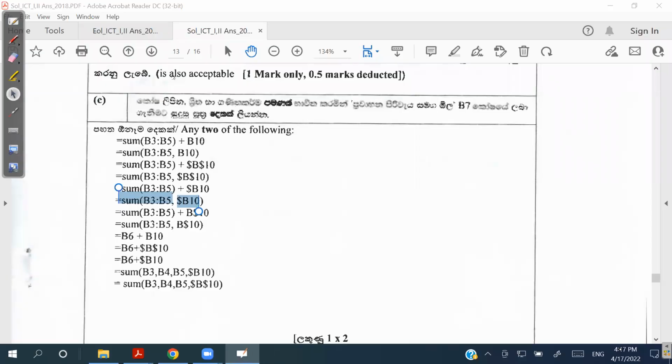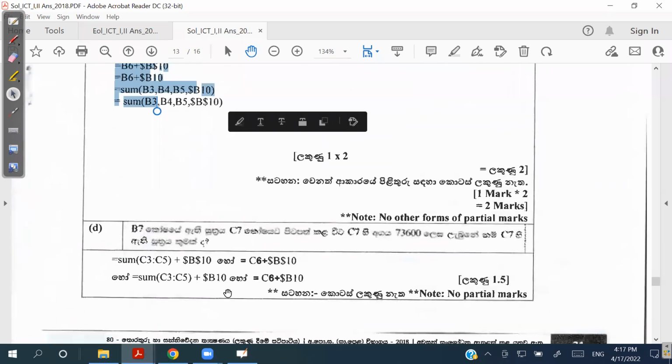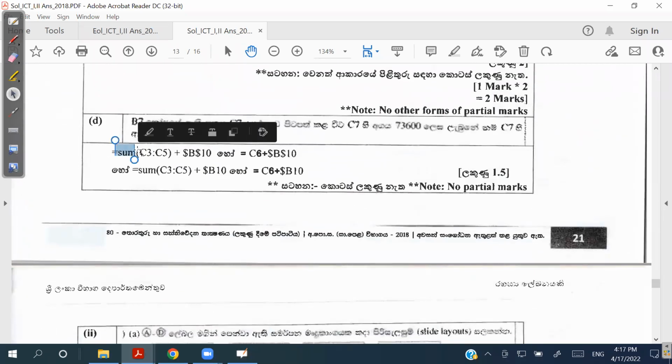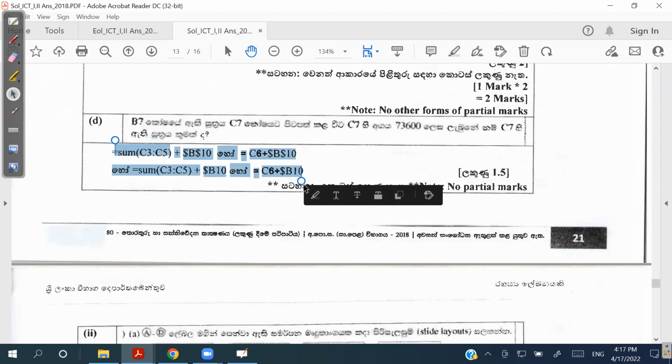So in part C, you were given many alternative answers, but in part D, only these. It is because we should know what is happening when we are copying a particular equation from one cell to another. According to your requirement, you need to decide whether these things need to be kept absolute or not.